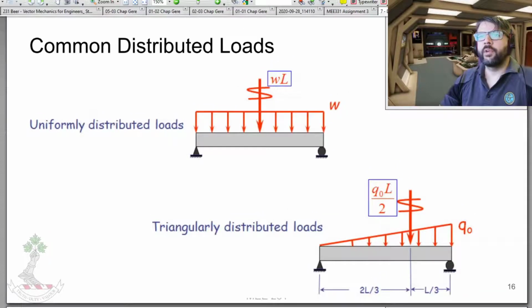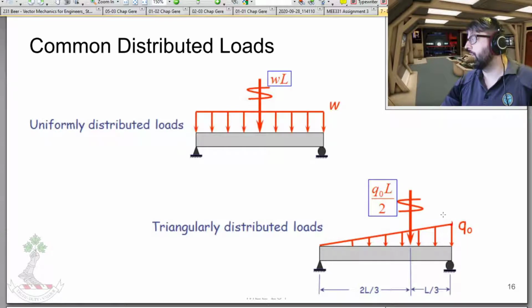So some common distributed loads. Probably the one you're going to see most often is a uniformly distributed load. So the total weight there is just the W times the L. We've got a triangularly distributed load. Sometimes they'll give that in terms of a Q naught, which is just the distributed load at its maximum here.